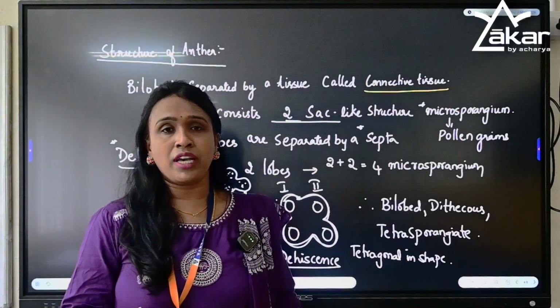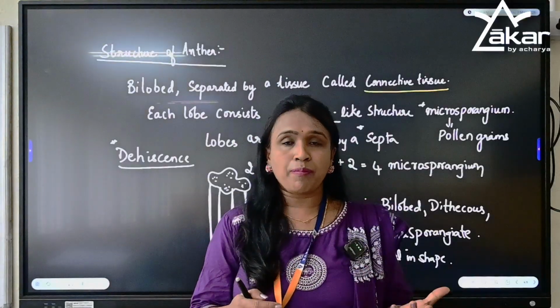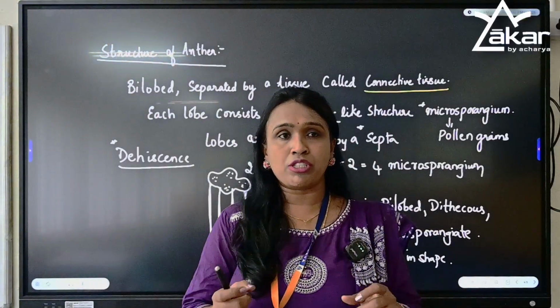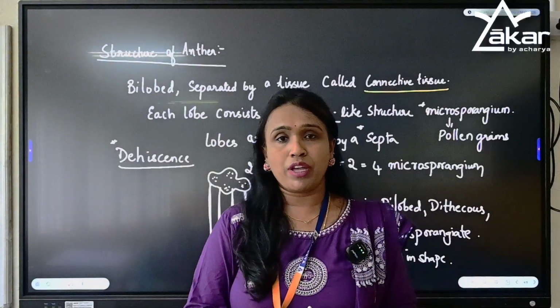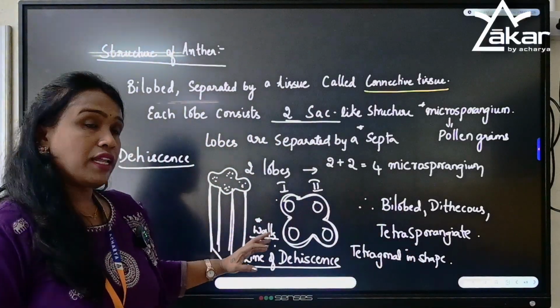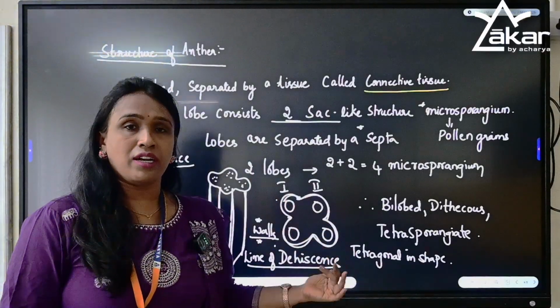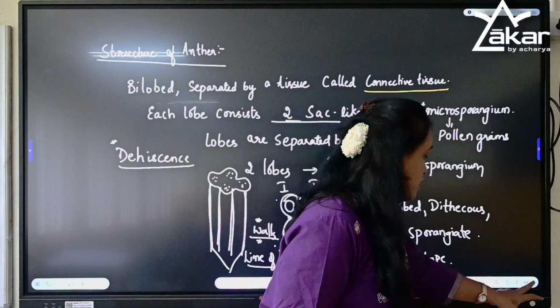Even fruits dehydrate. For example, you might have seen the ladies' finger fruit. After completely grown, after completely mature, they break so that the seeds will fall somewhere. In the same way, even the anther has walls and they will dehydrate. So that is one thing about dehiscence.